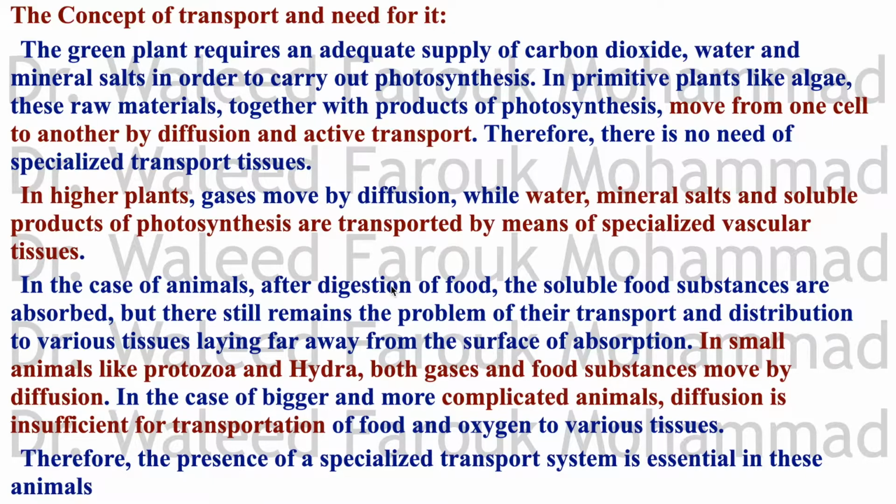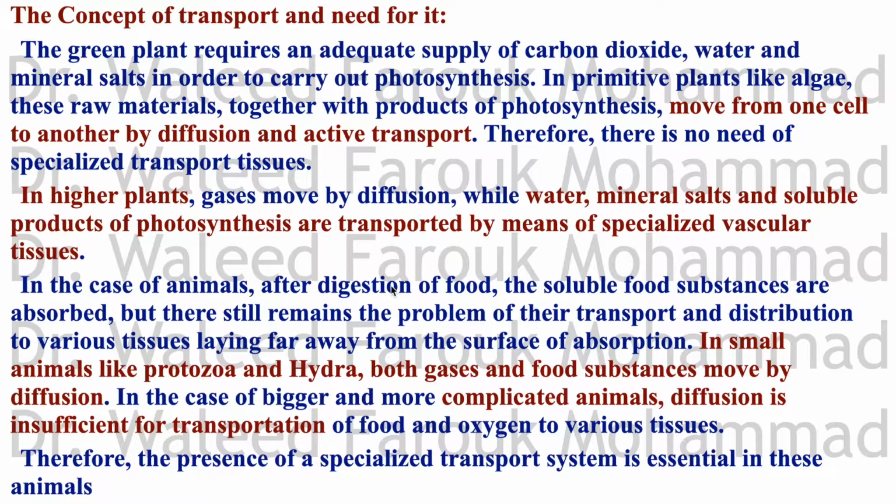In case of animals, after the digestion and absorption of elements from food, they need a special system for transport because diffusion is insufficient. Diffusion is sufficient in primitive animals like Hydra and Protozoa because both gases and food substances move by diffusion.